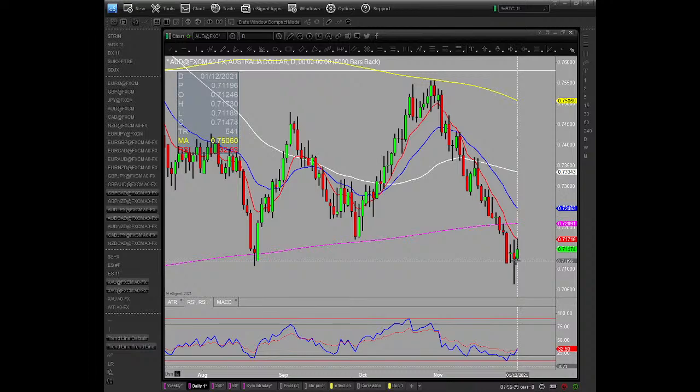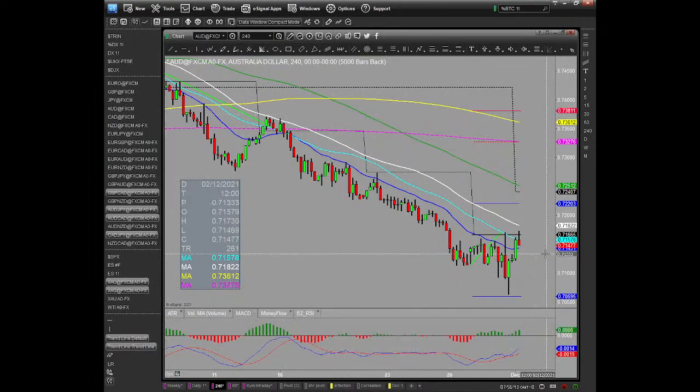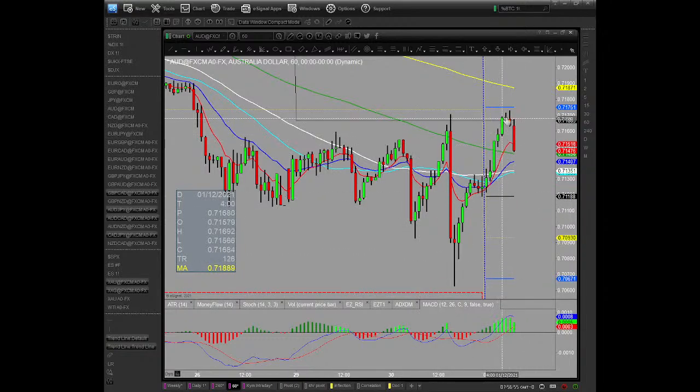So the Aussie, similar to the pound, taking out previous recent lows, certainly looking a tad on the softer side for sure, continuing in that way. It's similar to what we're seeing elsewhere, although it's quite ugly.